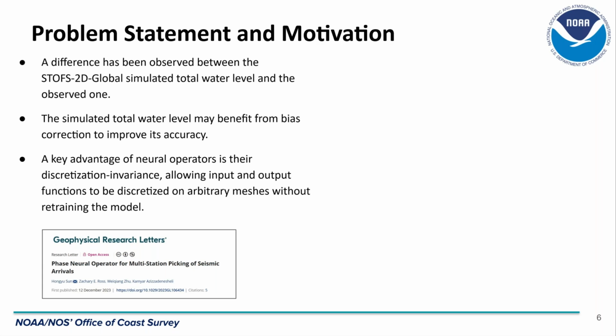So usually we simplify some of those systems, and because of that, we see these differences between the observed and the simulated total water level. That's why we were thinking it would be great if we use bias correction frameworks to improve the accuracy of the total water level for our gridded model output product.